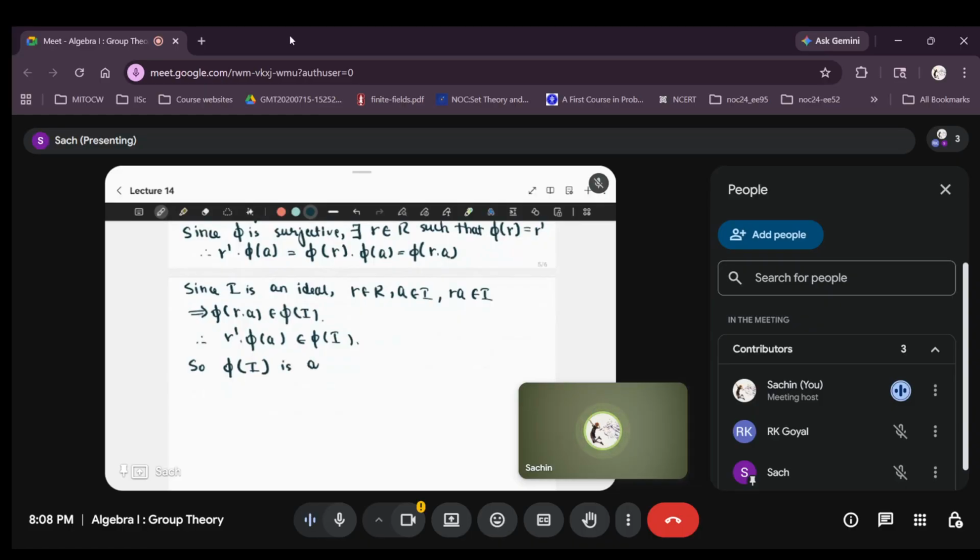Therefore, phi of I is an ideal of R prime. This only happened because phi is surjective.